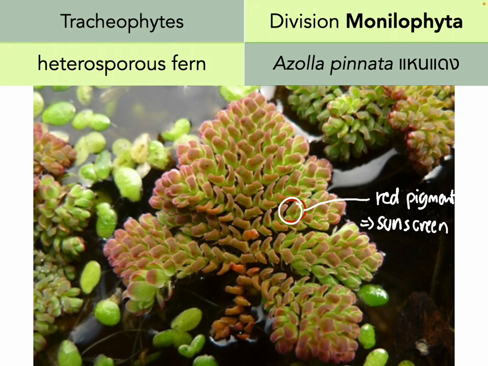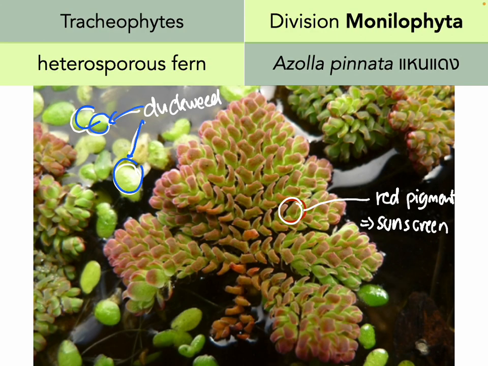And the reason it's becoming very popular, oh, you don't know what duckweed is, this is duckweed. Next to it, duckweed. Not the same thing, this is Azolla. So the reason Azolla is becoming very popular, especially in the agricultural field, is because they actually have something else living inside Azolla.